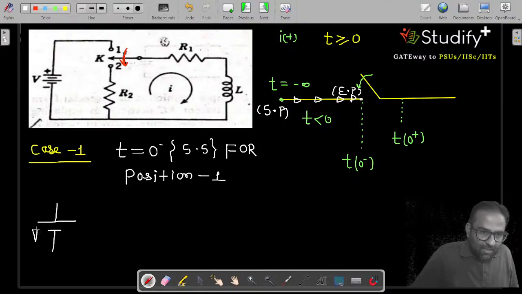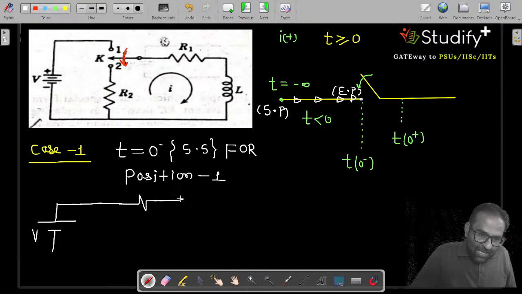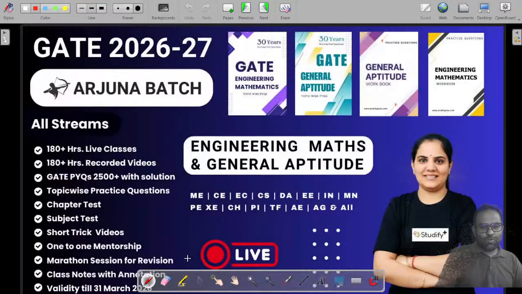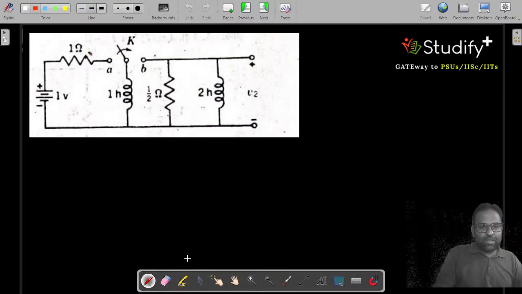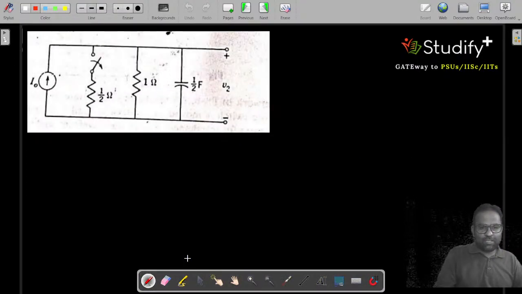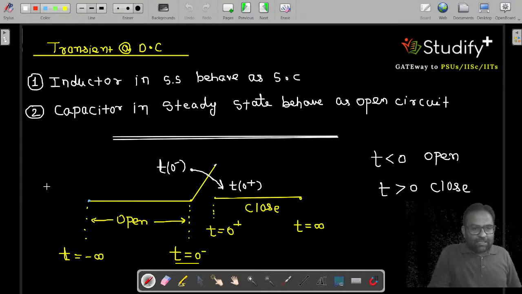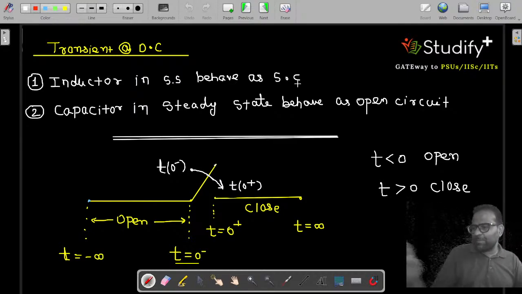This is V. The switch is connected to position A, so I am calling this point R. How does the inductor behave in steady state? Can I say my inductor will act as a short circuit in the steady state? Yes or no? Inductor in steady state behaves as a short circuit.